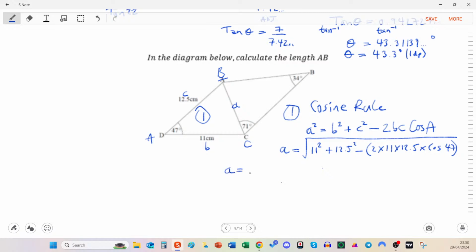And if you don't mind, I'm going to put that all in a calculator now. All you have to do is be careful with your brackets, okay?